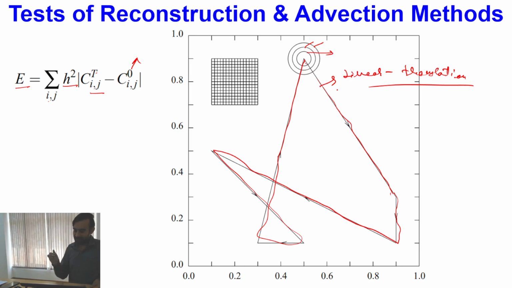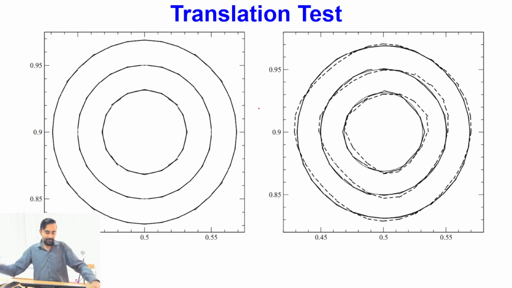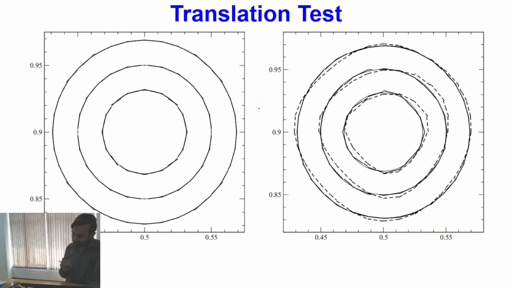This is the typical grid structure which is used, and all the circles are initially fitted inside this grid. If you do this, you will find this type of outcome. Here three different lines are there. The small dashed line corresponds to the actual circle.